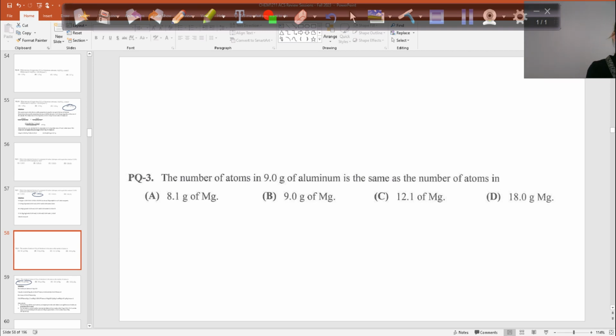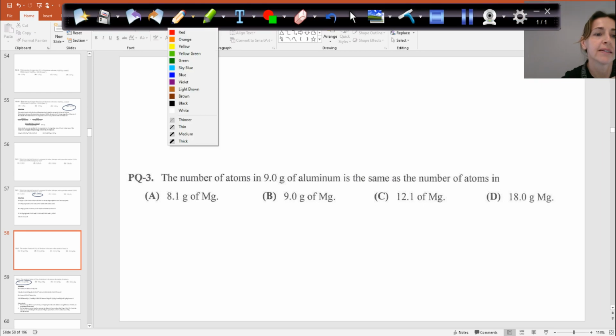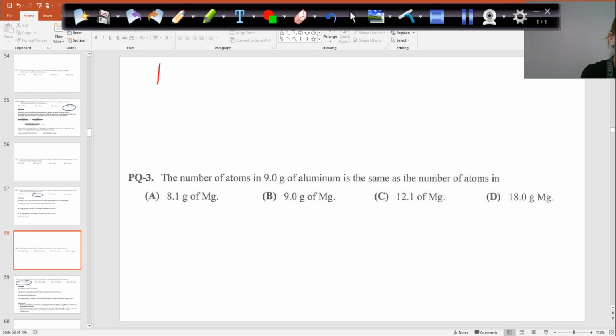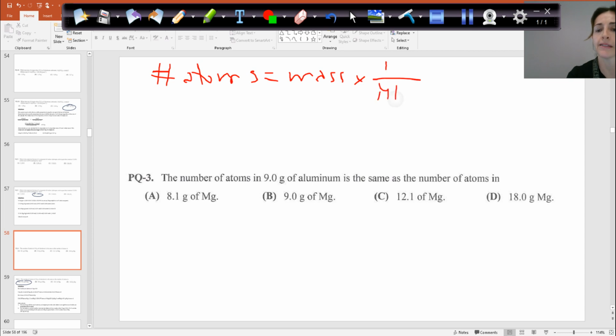So the other option is to just write down the formula. If I want to find the number of atoms, we would do mass times 1 over the molar mass, and then times the Avogadro number, and this is 1 mole, 1 mole.